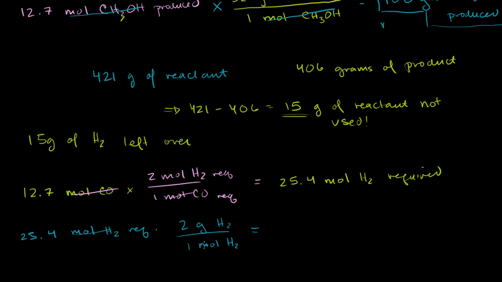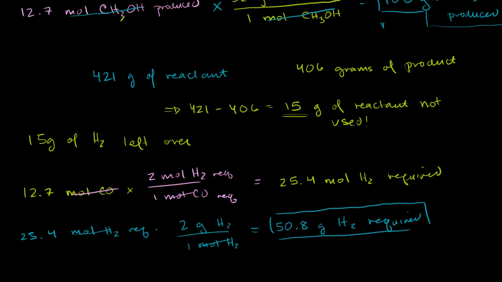This cancels out, mole of H2, mole of H2. So 25.4 times 2 is what? That is 50.8 grams of H2 required. That's how much we're going to consume in the reaction.